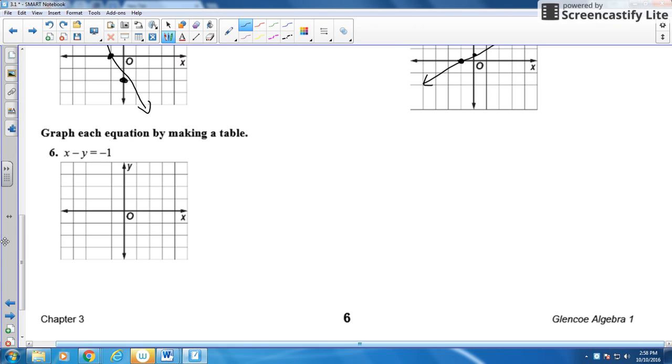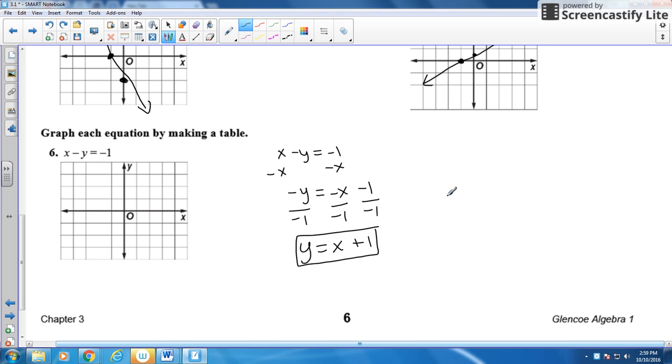Then in number 6, remember we want to transform it so that we're solving for y. So I'm going to subtract x on both sides. Then I can divide everything by -1, and I get y equals x plus 1. Okay. Then I can make a table.